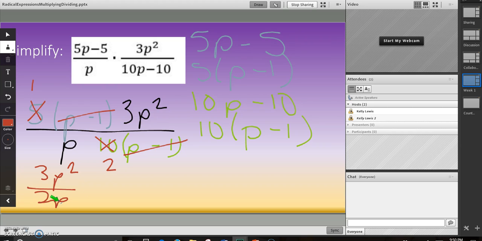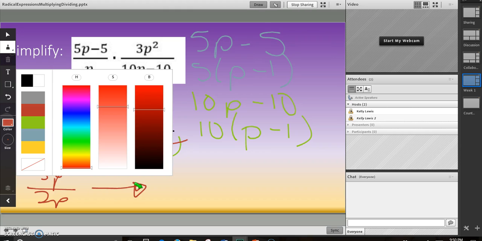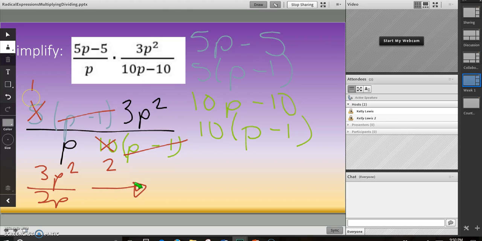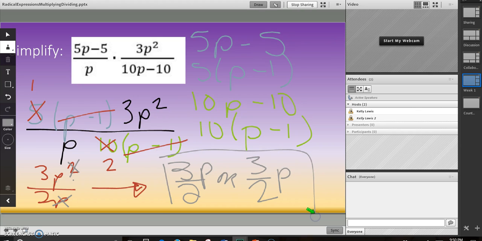Now p squared and p: this is like p times p, so I can take one off, and then that's just p. So now what I have is 3 over 2p. You can rewrite this as 3 over 2p, or the p on top. Either way, that means the same thing, and that's our answer.